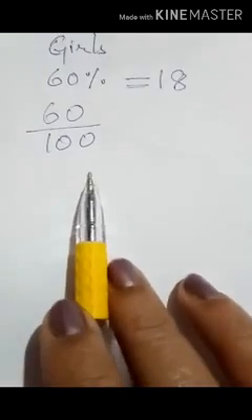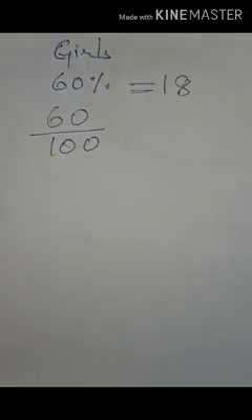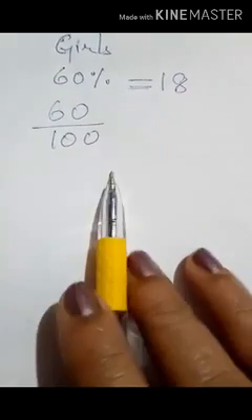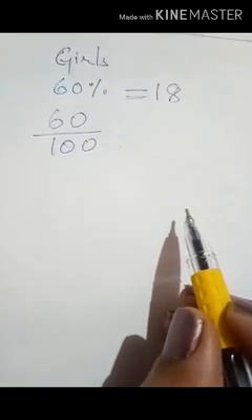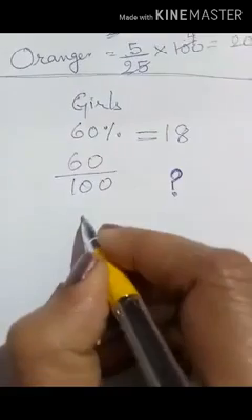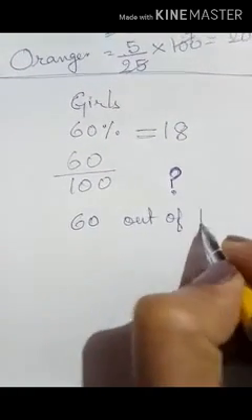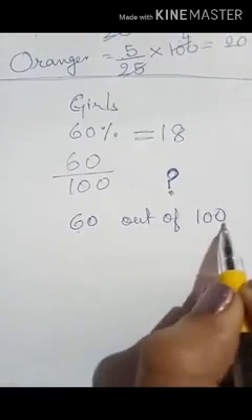Now how to find this? You have learned about the cross multiplication method. There are other methods, like the unitary method. So let's go by the cross multiplication method because that is easy. We'll write it in the form 60 out of 100 because 60 is in percentage, and percentage means out of 100.